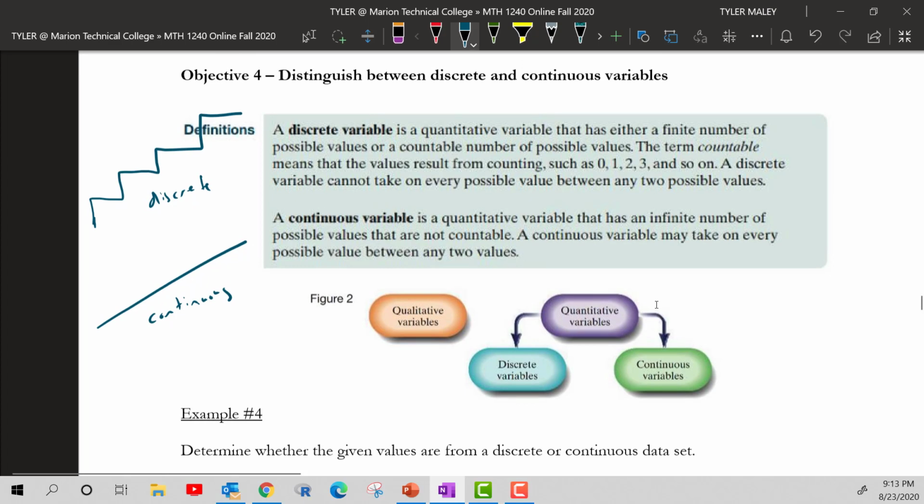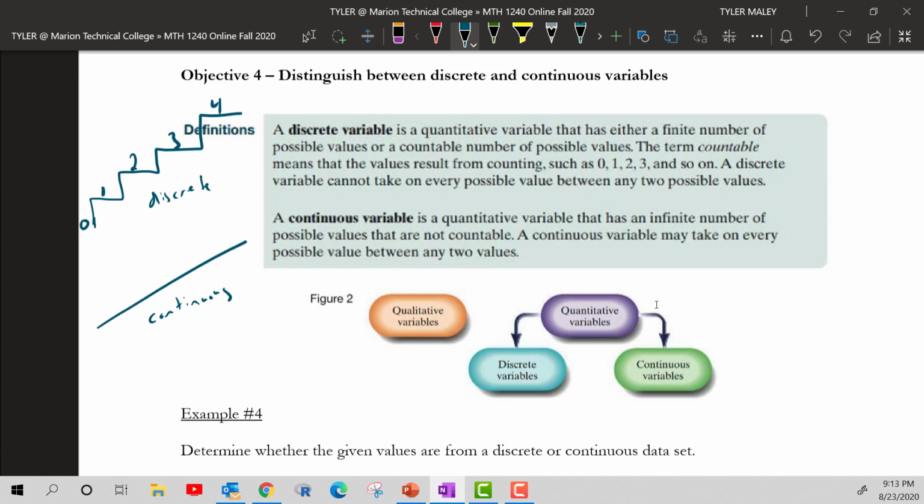So let's say you're trying to count how many kids you have, maybe 0 kids, 1 kid, 2, 3, 4, 5. You can't have in between. I can't have 3.26 kids, right? So that would be an example of a discrete variable.